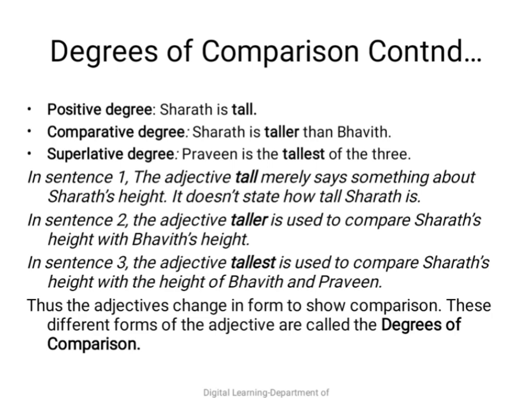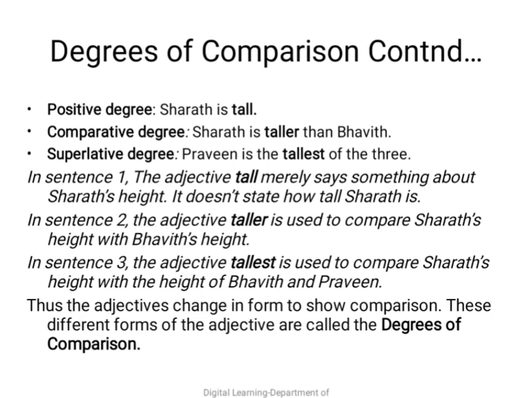So let's look into the analysis of these three degrees. In sentence 1, the adjective tall merely says something about Sharat's height and it doesn't state how tall Sharat is, right? In sentence 2, the adjective taller is used to compare Sharat's height with Bhavit's height.